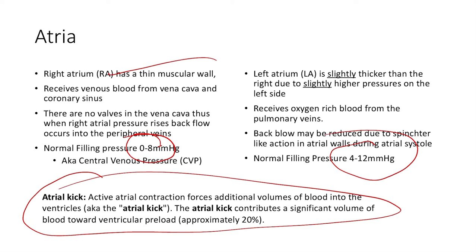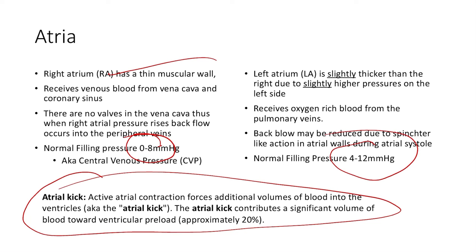The ventricles are filling, the atria are filling a little bit as well. Prior to ventricular contraction, at the beginning of that electrical event, the atria contract, kicking in the last little 20% to fill the ventricles with preload.